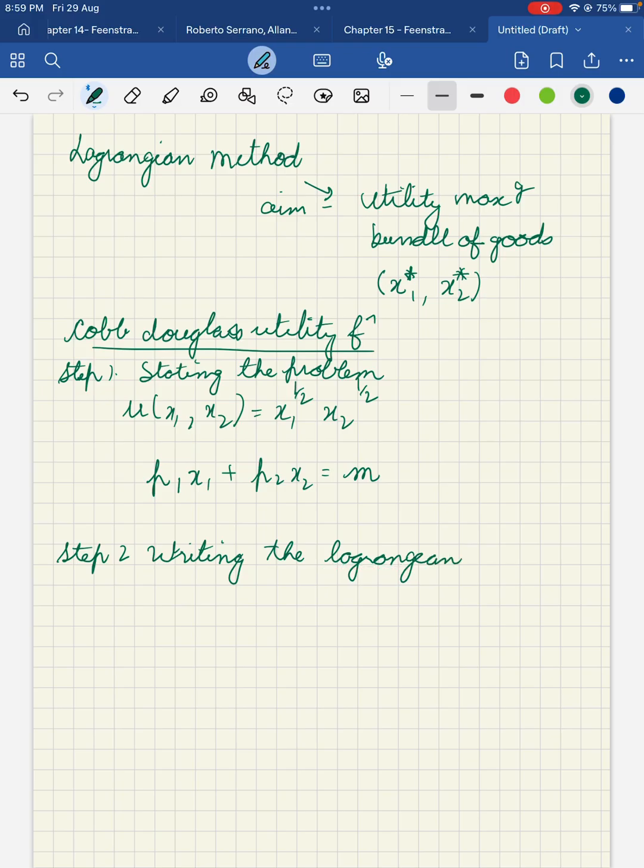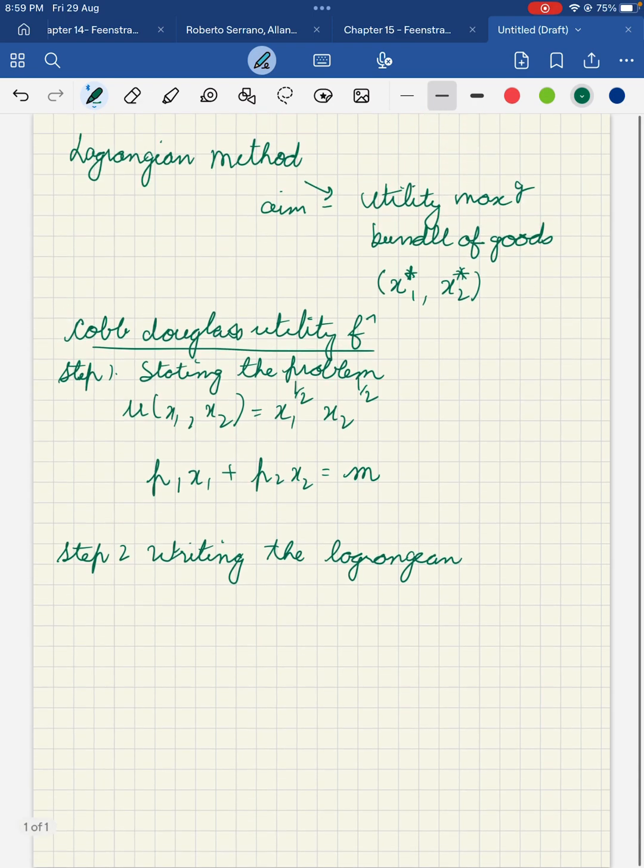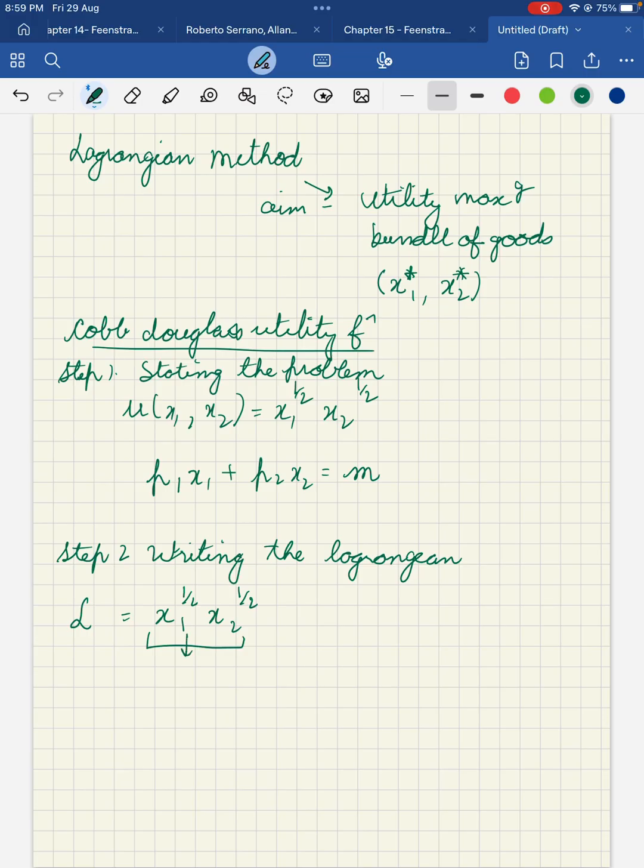What is my next step? My next step is I write the Lagrangian. The Lagrangian combines the utility function and the budget constraint together. How? I write the Lagrangian function and denote it by letter L. I write the utility function, then subtract lambda. What is lambda?